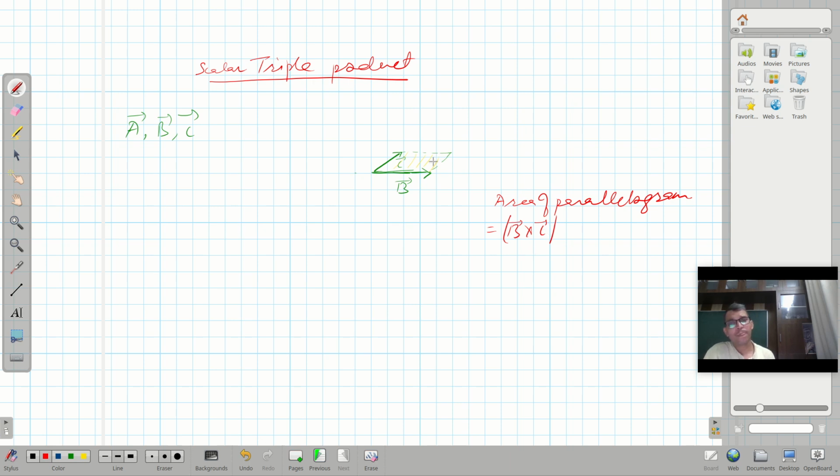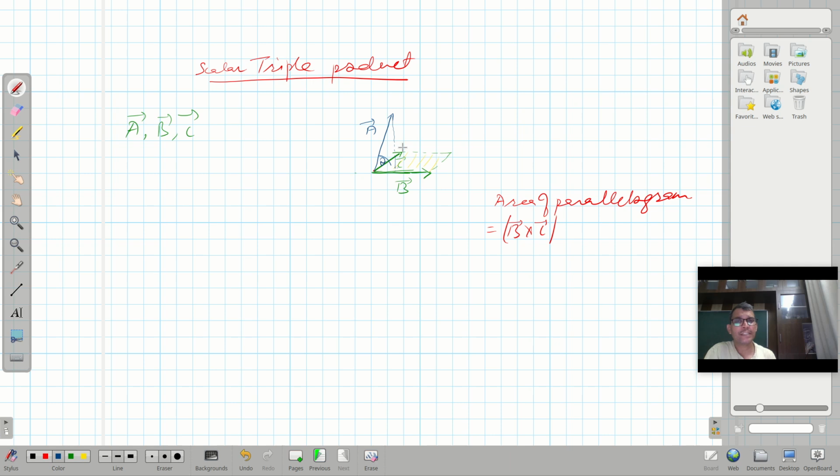Now let us do one thing. There is another vector, let us say that vector is A. If I draw a perpendicular from here over this xy plane, then it is A cos theta, because it is making an angle theta with the plane.